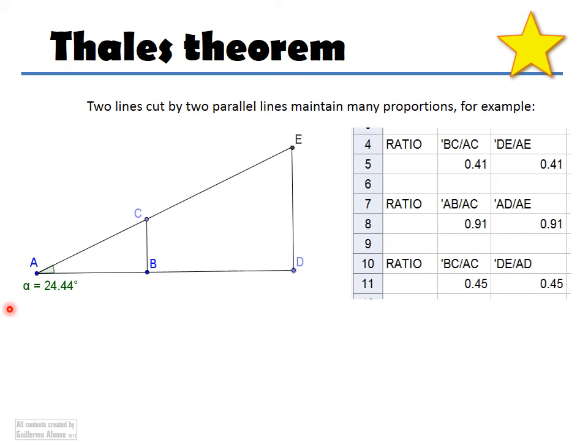So really, this ratio, this side divided by this side, only depends on the angle. That's very important. This is true for AB divided by AC compared with AD divided by AE, and also true for BC divided by AC and DE divided by AE, or, I'm sorry, DE divided by AD.